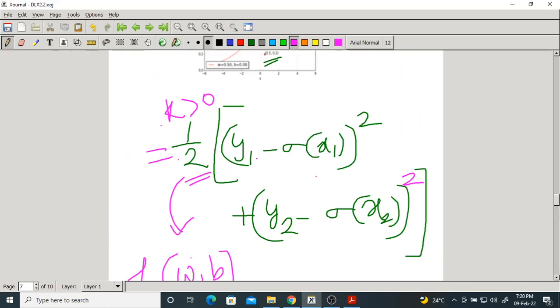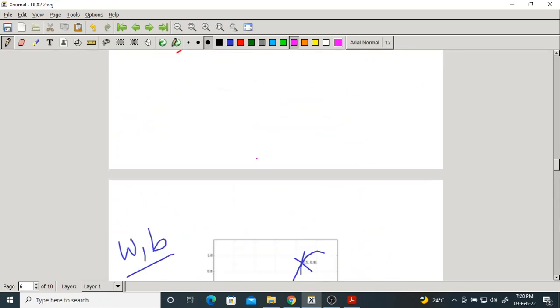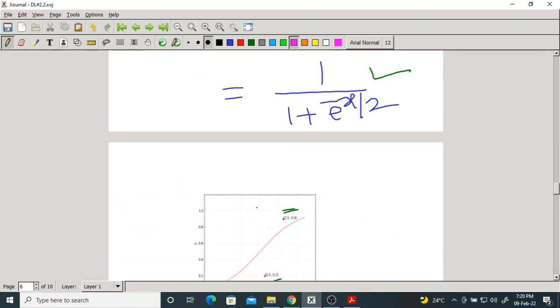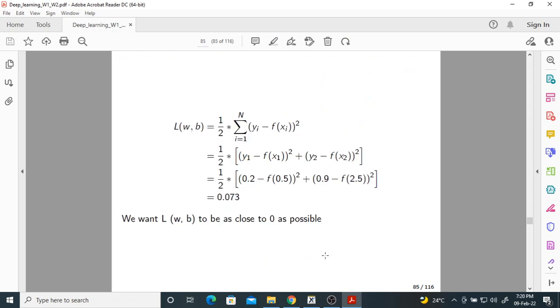What is x1 initially? x1 is 0.5. So substitute 0.5 and you get the sigmoid values. The actual value is 0.2, 2.5, f of 2.5 means the output of the sigmoid function. 0.9 is the true output.